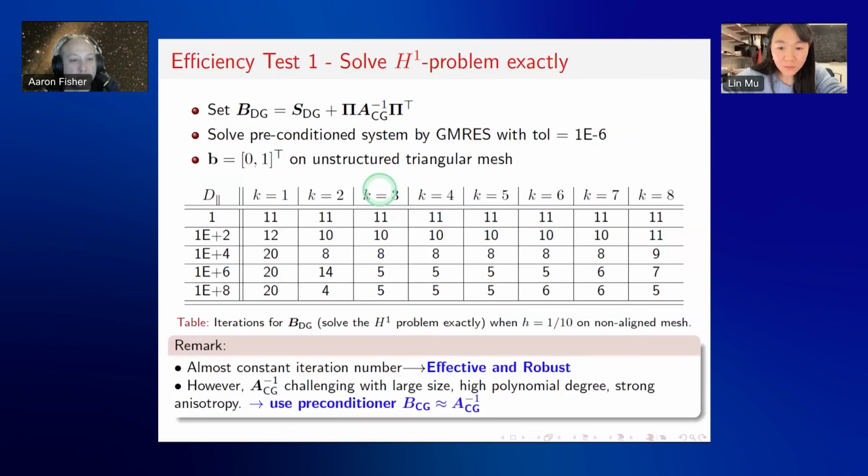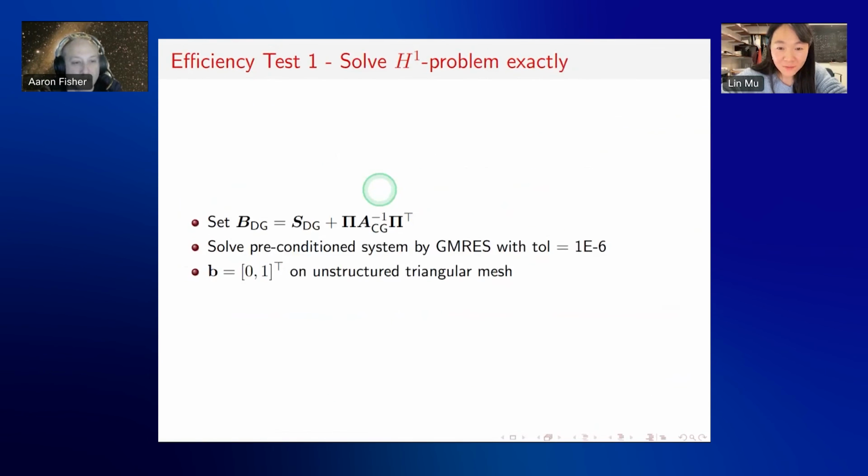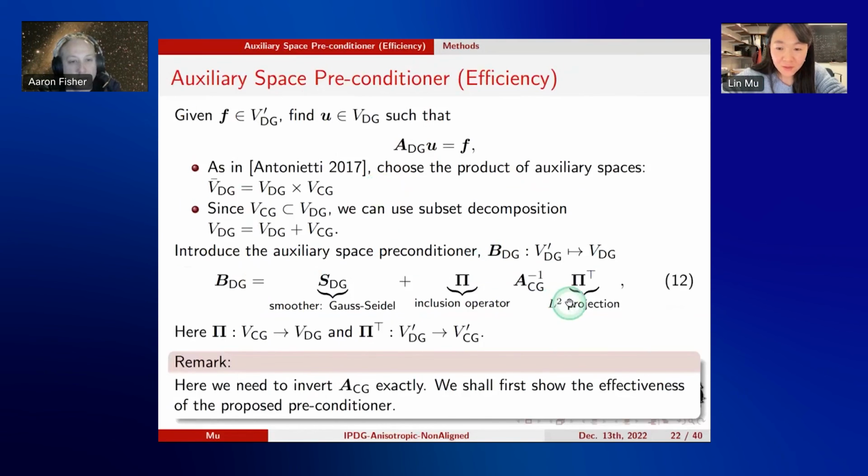Let me go back to the slide for the exact solver. This one is just the L2 projection between the CG and the DG space. And these are really transpose of each other, pi and pi transpose? Yes, as matrices, they are. Okay, thanks.